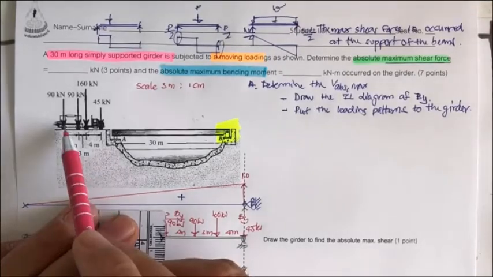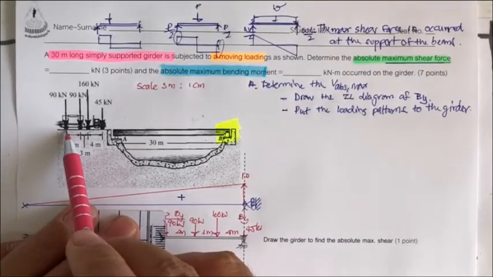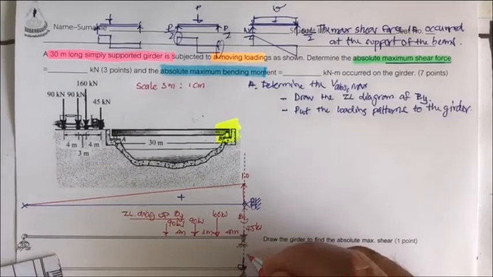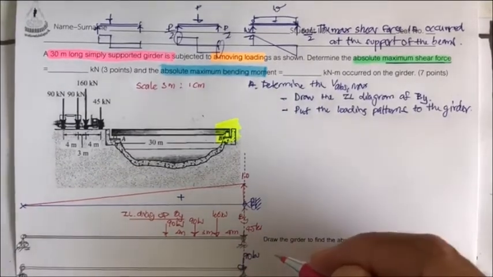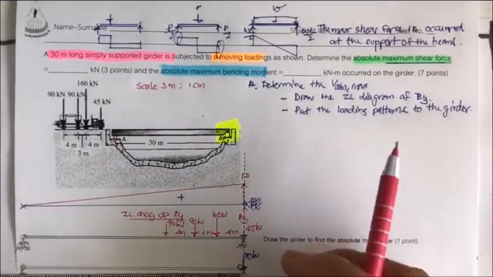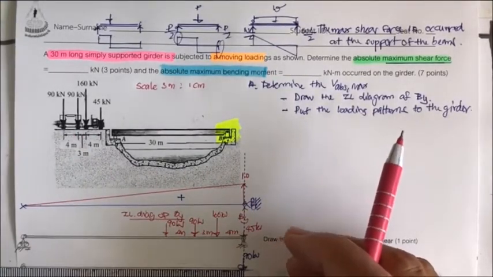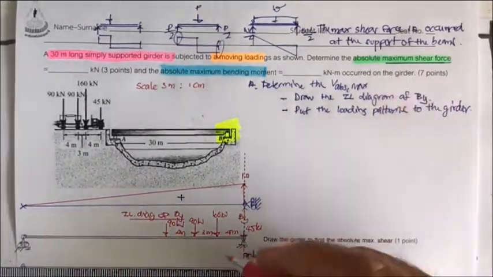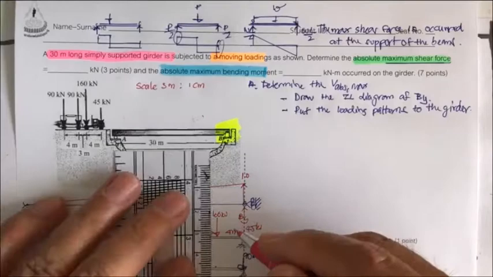So we should start by putting the 90 kilonewton here, and then it's going to be 1.34 meter, like 1.3, but it's going to be the same.